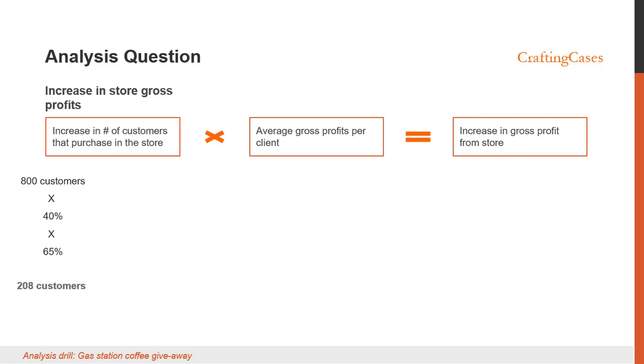And now the after scenario is 880 customers times 58% times 80%. So let me think how I'm going to do this. This seems slightly complex. So the first thing I want to do is reality check this value so that I won't make a mistake. 58 is similar to 60%. 60% times 80%. 6 times 8 is 48.